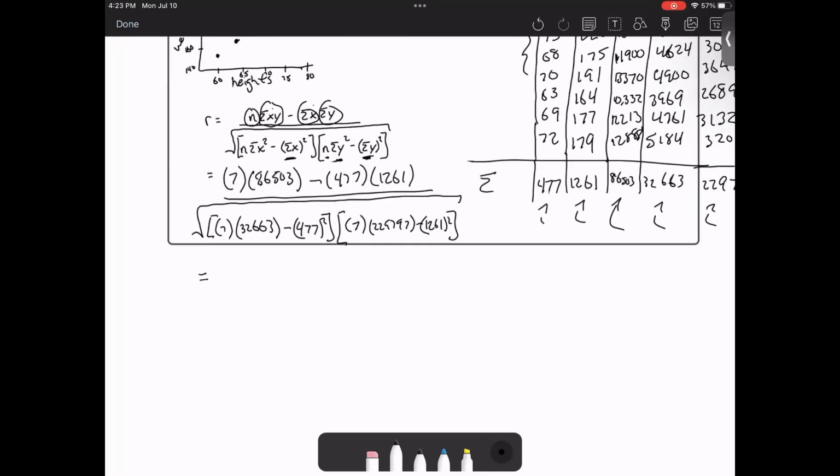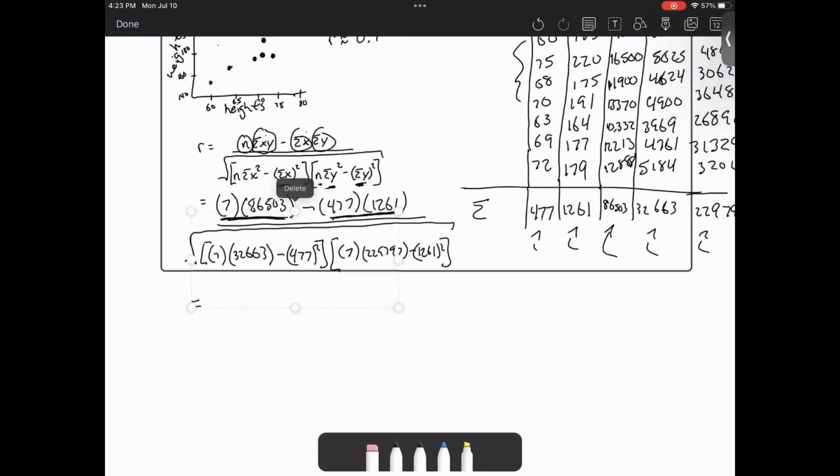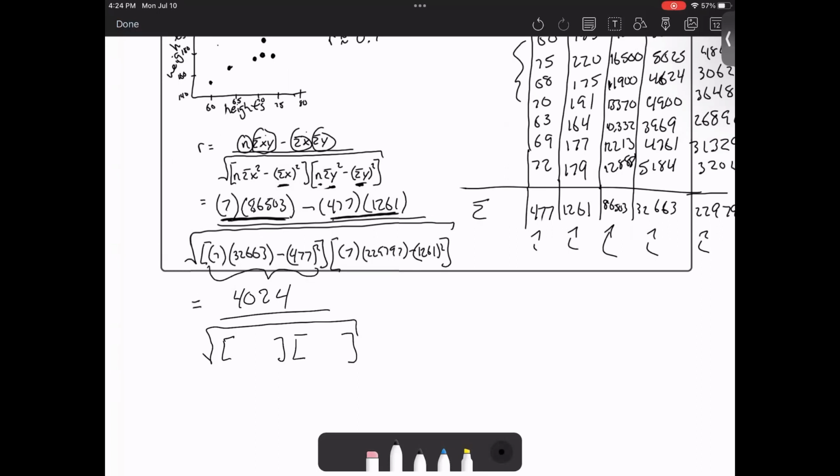So when the algebra clears the room, let's go through this in steps to make sure that we don't miss an algebra mistake. Your numerator, 7 times 86503, minus the product of 477 times 1261 gives you 4024. And each product in your denominator, the first product is 11,112.